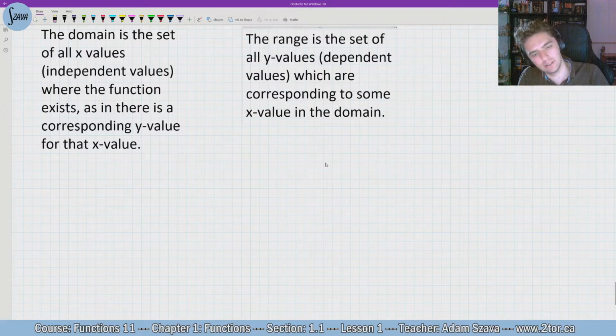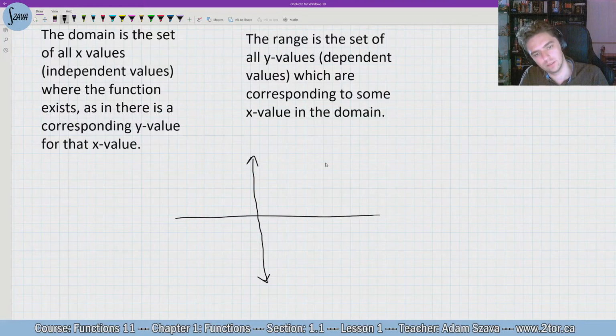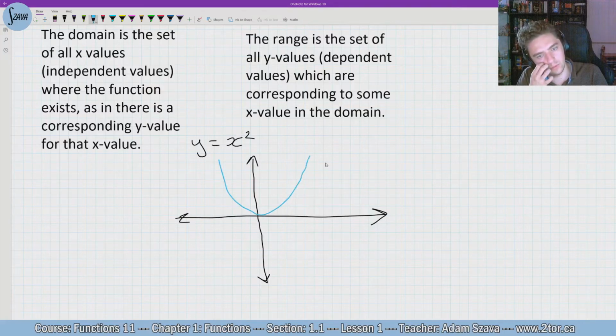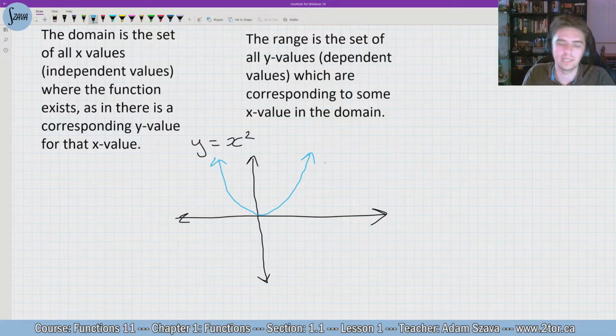If I look at the square root, not square root function, sorry, x squared. Okay? Y equals x squared. That would look something like this, right? You've studied parabolas before, so that would look something like that. What y values are corresponding to some x value? Okay, what y values are corresponding to some x value? So for example, this y value, is it corresponding to some x value? Yeah, it is.